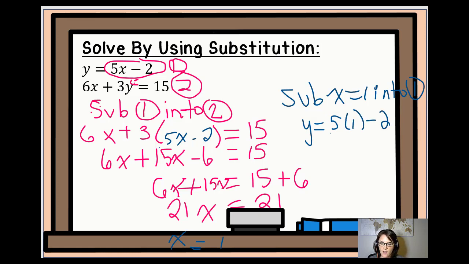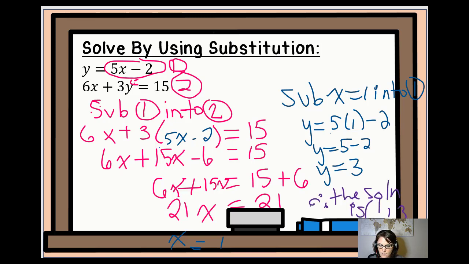So y equals 5 minus 2, y equals 3. So I can conclude that the solution to the linear system is 1, 3. Okay, again, the solution is 1, 3.